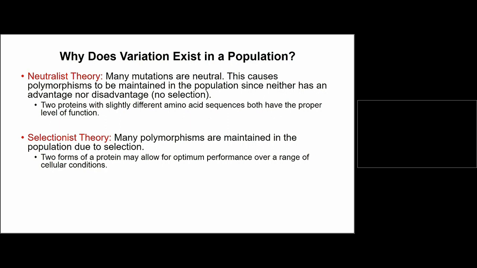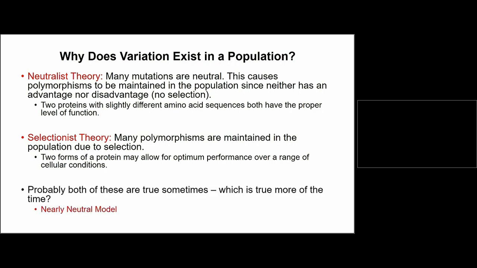And so maybe it's actually actively being chosen or selected for in that population. Probably both of these are true in most populations. Probably there's some polymorphisms or SNPs or changes that really have no impact on your phenotype. Right? They're really not actually doing much of anything to be different. And then there's probably some that do make a difference, right? And those may be actually maintained on purpose in the population due to selection.